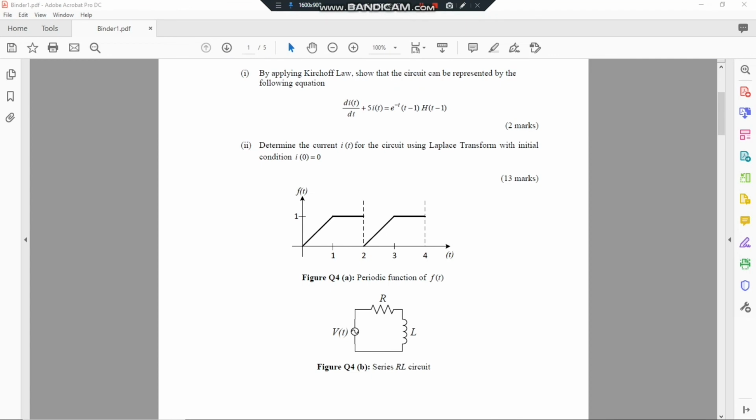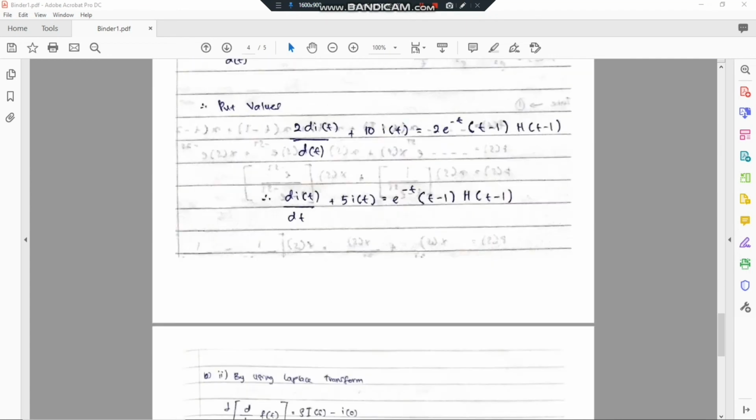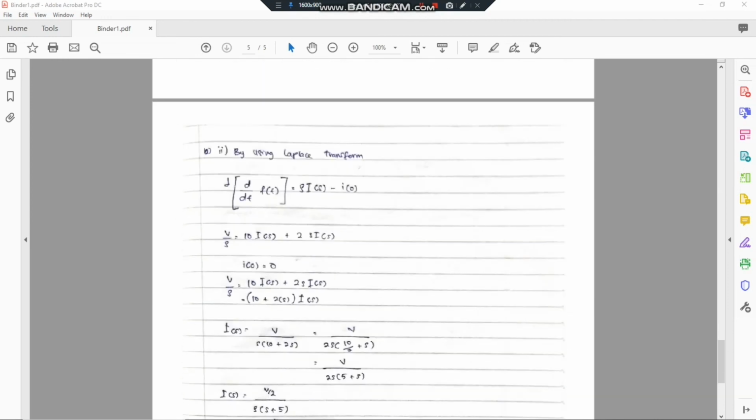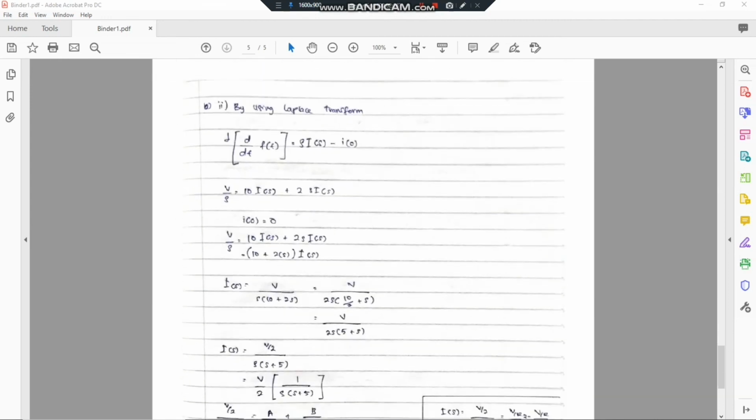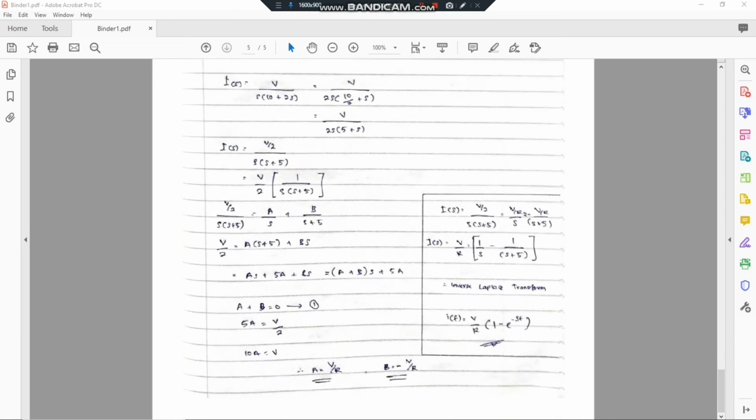For the second question, by using Laplace transform, I use this formula to get the calculations, and we can see at the bottom, this is my final answer.